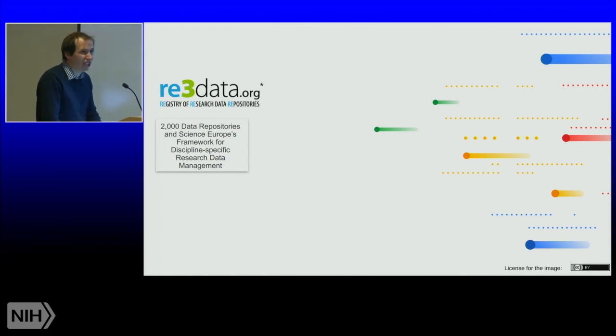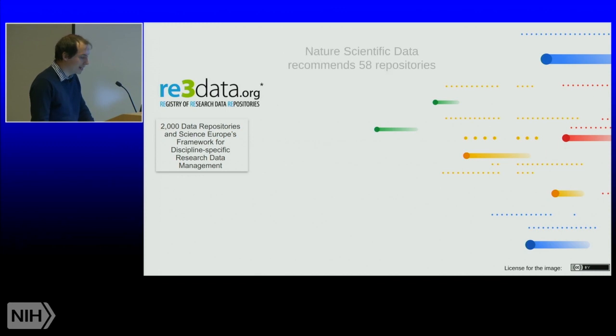So why does it actually need helping? It's because there isn't one single data repository that everyone deposits their data in, one place you go to, and you know that if the data is not there, it doesn't exist. There are over 2,000 different repositories listed in re3data.